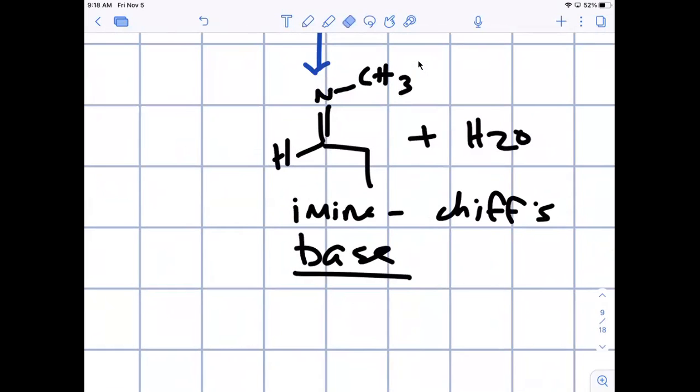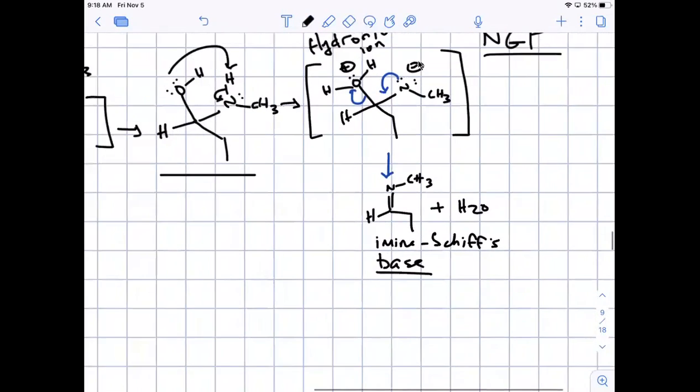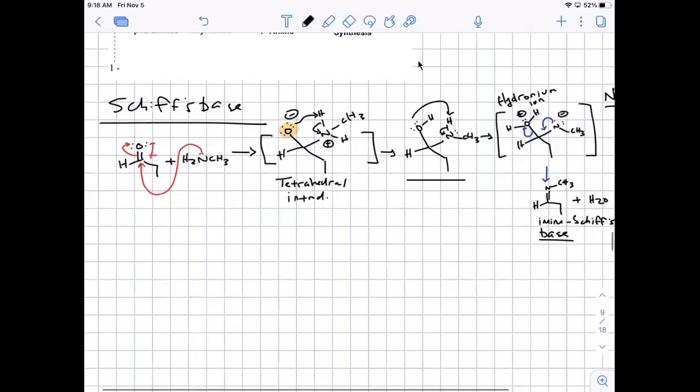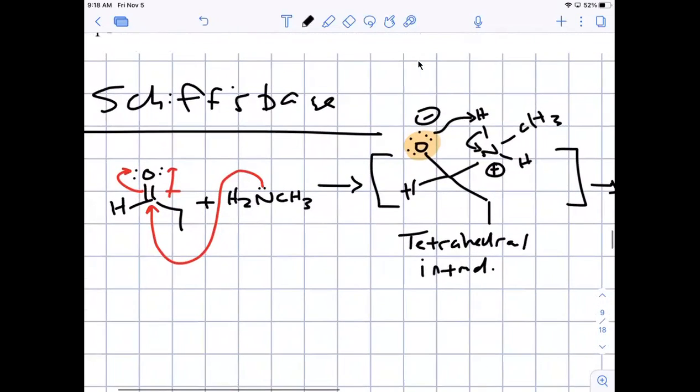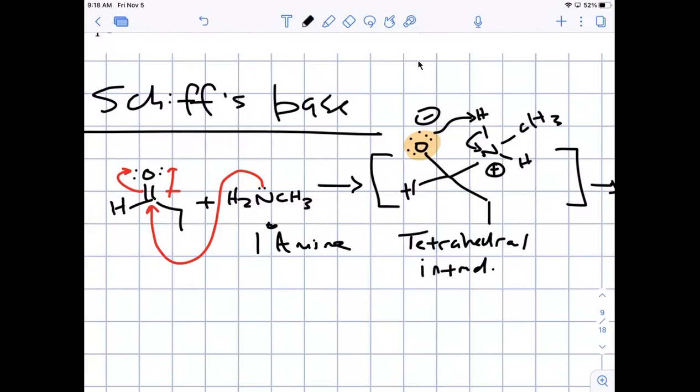So with the amine, there's another analog of this. It's not on the handout, but we're going to talk about it since we're here and we've got time. If I use a primary amine, that's what we just did.